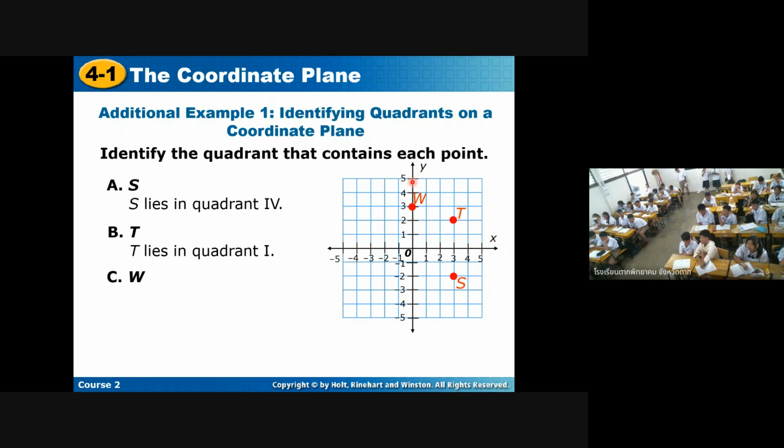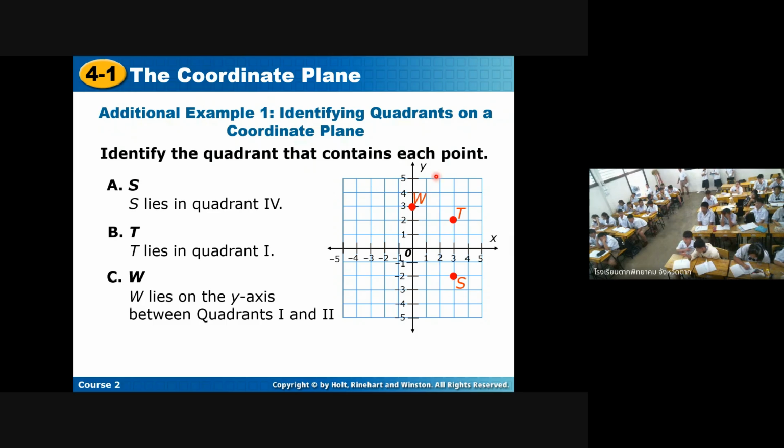And what is this line? The y-axis. Since it is located between 1 and 2, it lies on this given line, and this line is the y-axis.